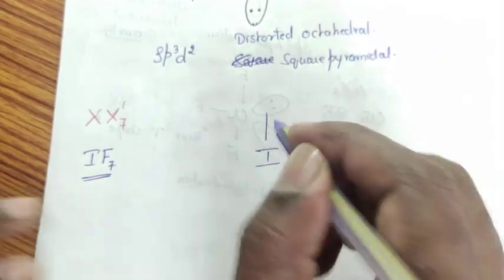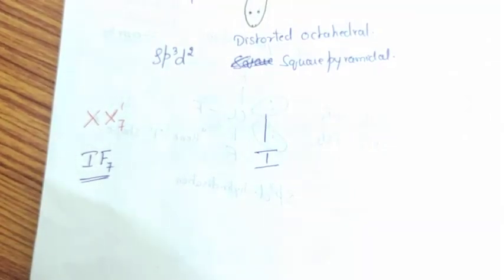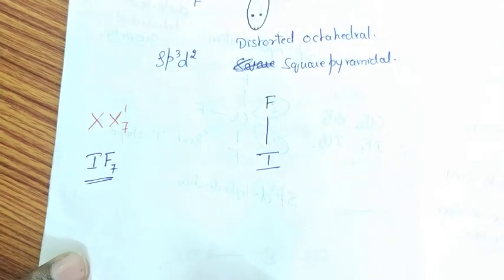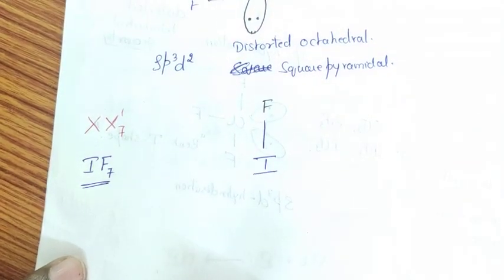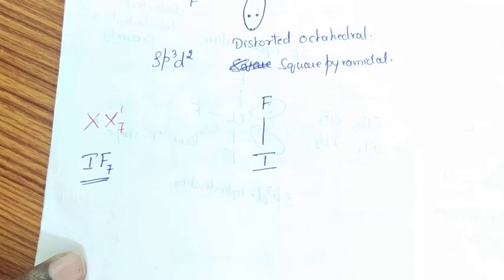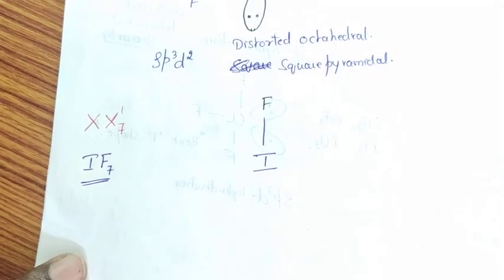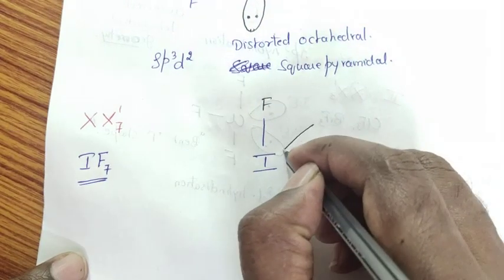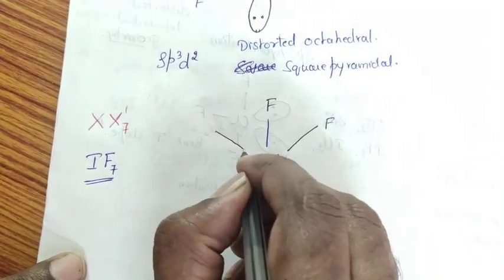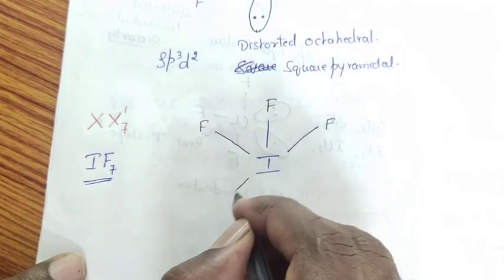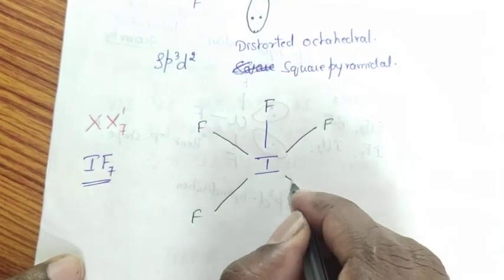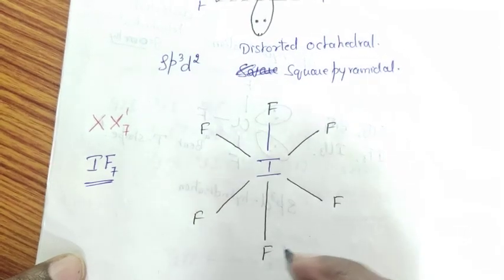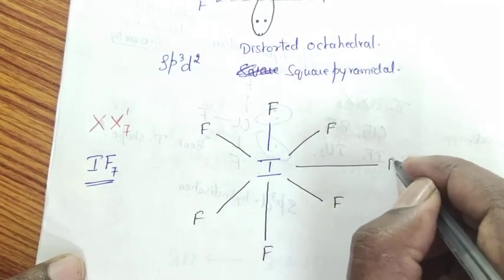Iodine is bonded with 7 fluorine atoms. It means all the electrons present in the outermost p orbital and s orbital of iodine are involved in the bond formation in their higher oxidation state due to the presence of vacant d subshell. 3, 4, 5, 6 and this is 7.